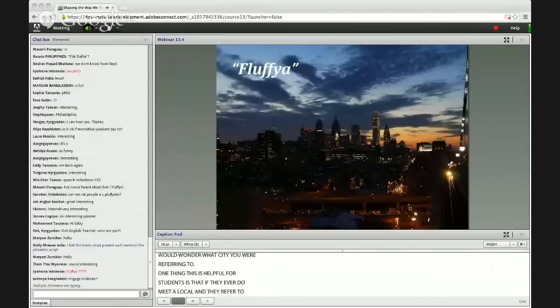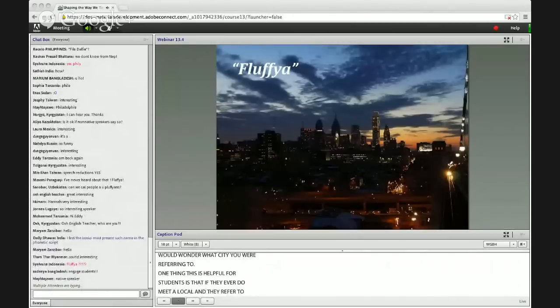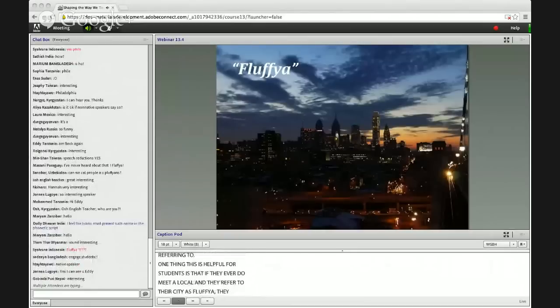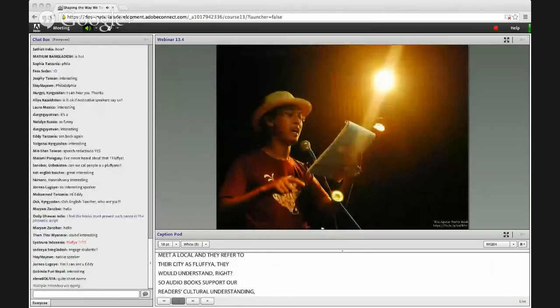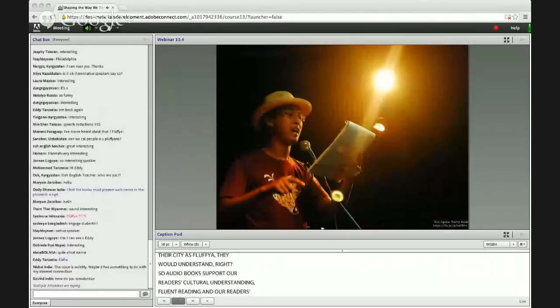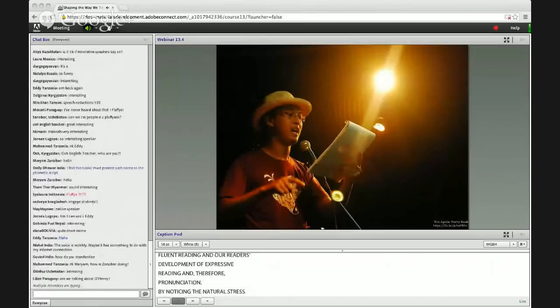So audiobooks support our readers' cultural understanding, their fluent reading, and they also support our readers' development of expressive reading, and therefore pronunciation. By noticing the natural stress and intonation patterns that readers use to tell stories, our learners can begin to improve their own rhythm.